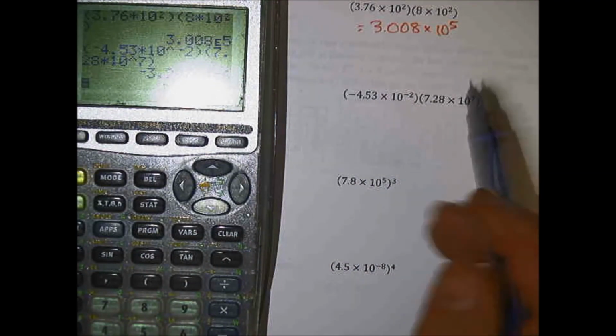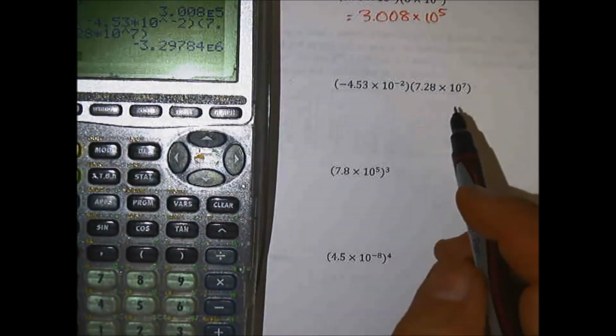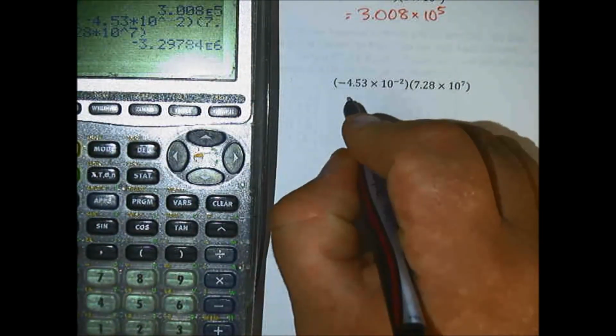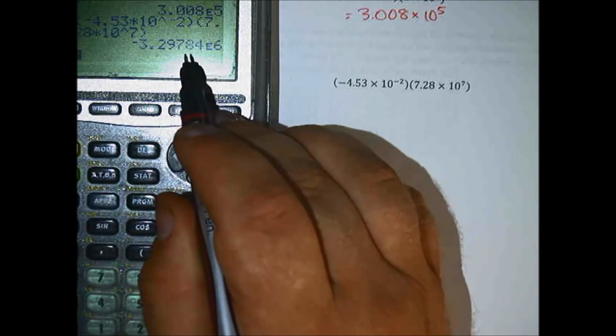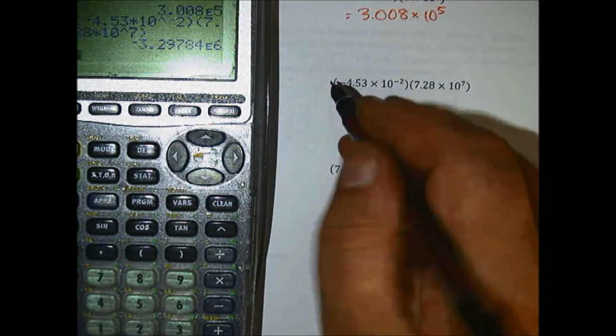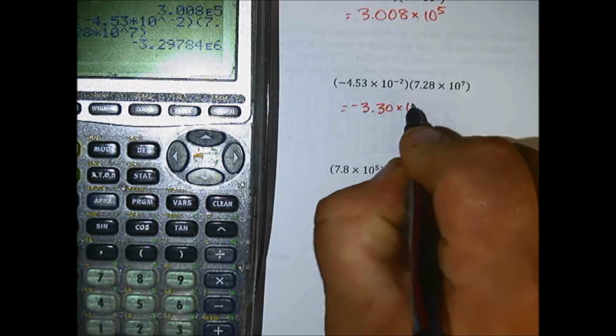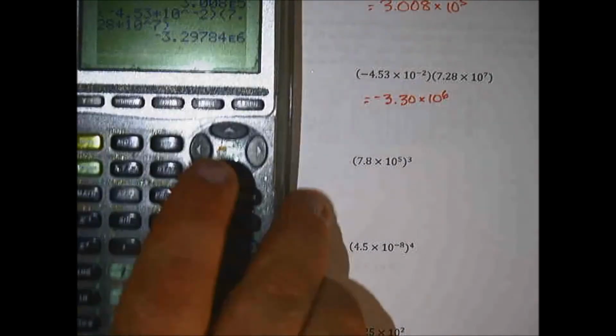Okay, with a power of negative 2 and positive 7, we should get something that's close to 5, and we do. We get 6th power. And so that's going to be a negative 3.29. Actually, that 7 is going to make us round up. So that's going to be 30. So negative 3.30 times 10 to the 6th. Okay, make sure we're rounding correctly. All right, next one.